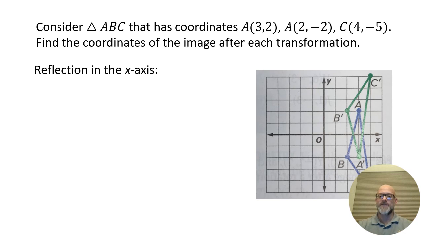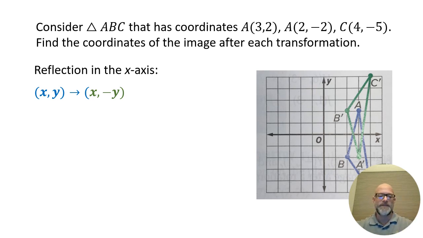It's not a slide. It's a reflection. You might not be able to see it, but C's down here and C prime's up here. A's down here, A prime's up here. B's here, B prime's up here. So it's not a slide. It's a reflection about the x-axis. You see that? All right, what's the rule for reflection in the x-axis? Well, we just said it's (x, y) maps to (x, negative y).